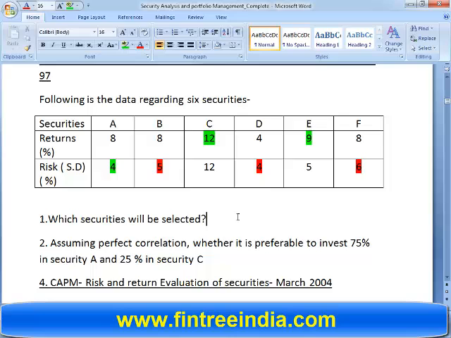In part A, you can have a sub-numbering, say section 1 of it, where you'll say that securities A, B and F, all three of them have an expected return of 8%.